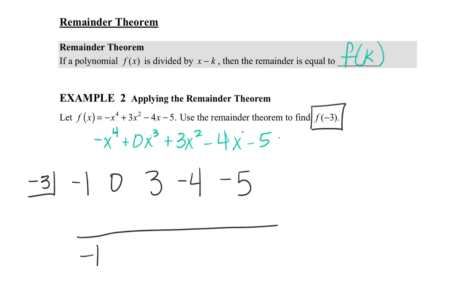Multiply, add. Negative 3 times negative 1 is 3. 0 plus 3 is 3. Negative 3 times 3 is negative 9. 3 minus 9 is negative 6. Negative 3 times negative 6 is 18. Negative 4 plus 18 is 14. Negative 3 times 14 is negative 42, and negative 5 minus 42 is negative 47.